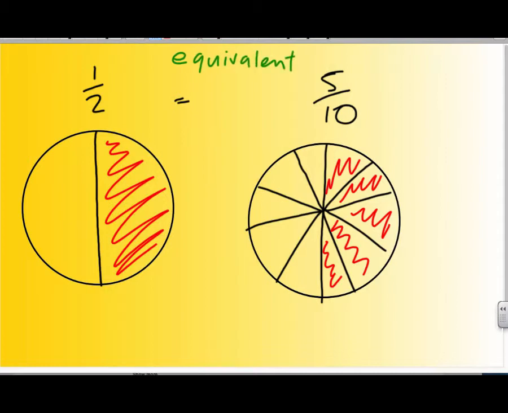Right? But in case you can't draw it out, well, can you see a pattern that exists between those numbers? I wonder if you can see that if you times 1 by 5, it becomes 5. And if you times 2 by 5, it becomes 10.